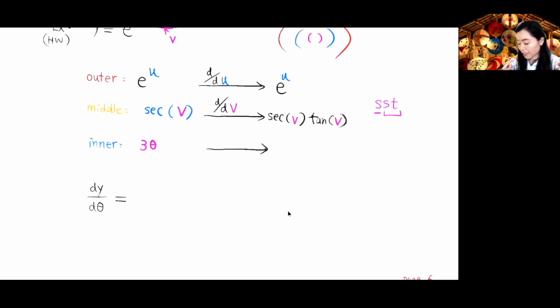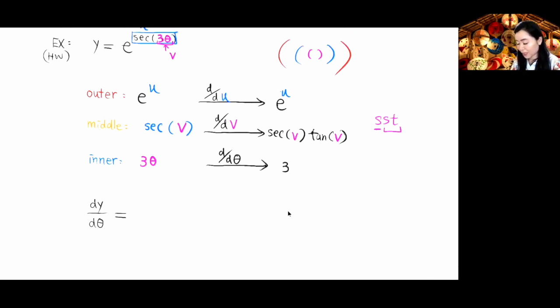And then the innermost function here is 3 theta, and we differentiate that with respect to theta. So that will be 3, right? Now, by the chain rule, the derivative of y with respect to theta is going to be this times this times this.